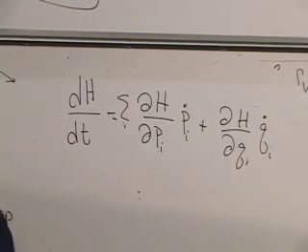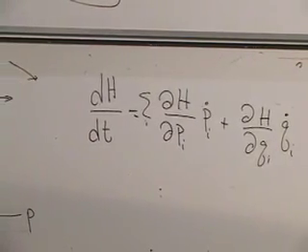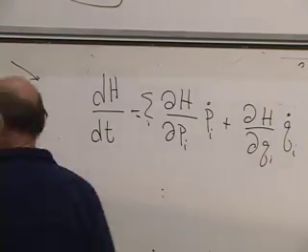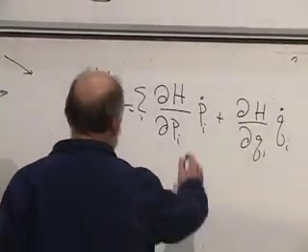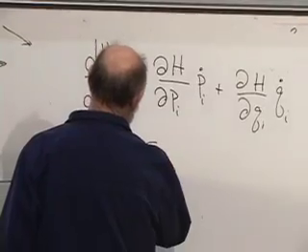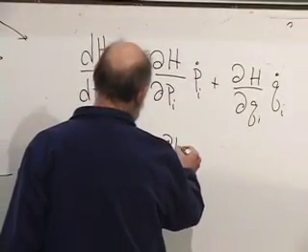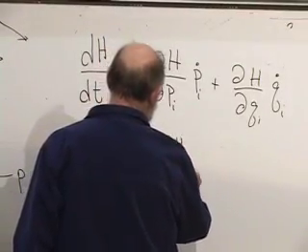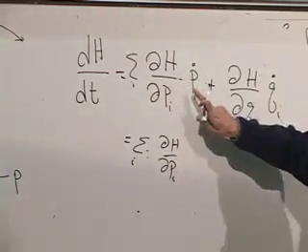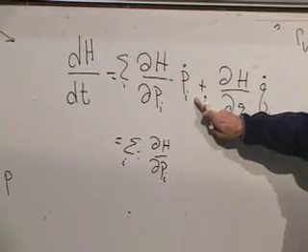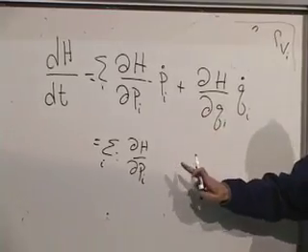But now let's use Hamilton's equations for p dot and q dot. What is p dot? This is equal to sum over i, dH/dp sub i times that. But what is p sub i dot? Can somebody read it to me? It's just a sign that I don't remember. Minus.